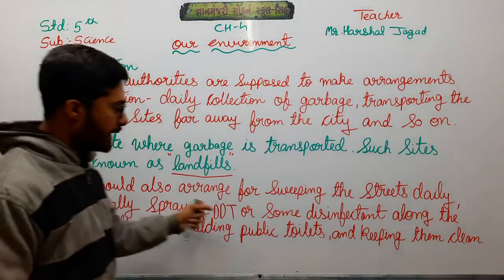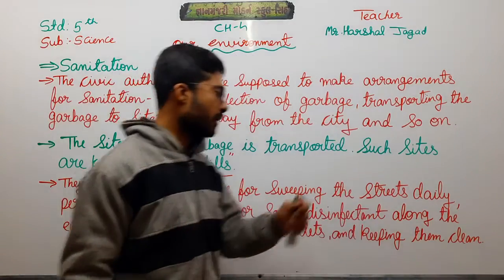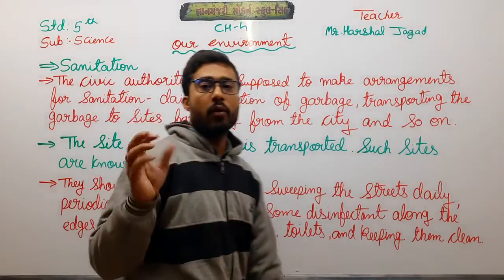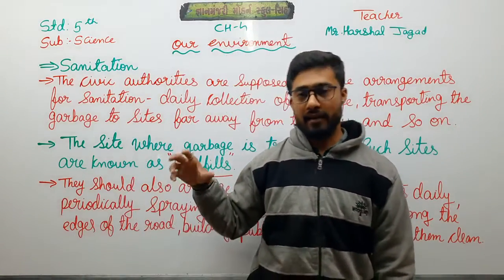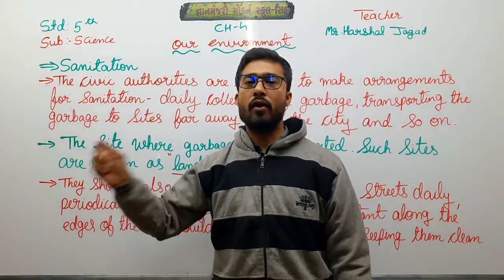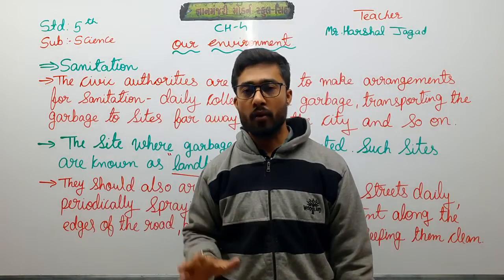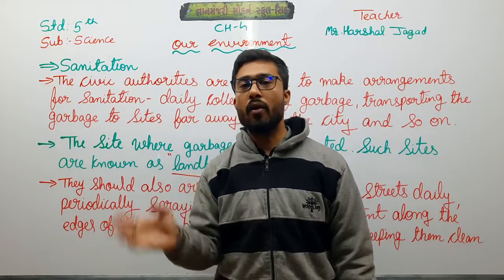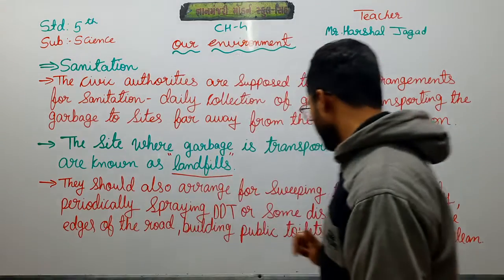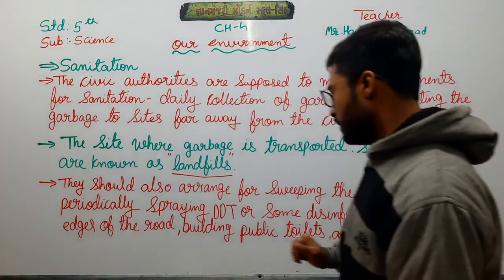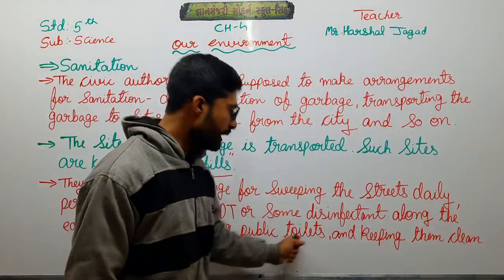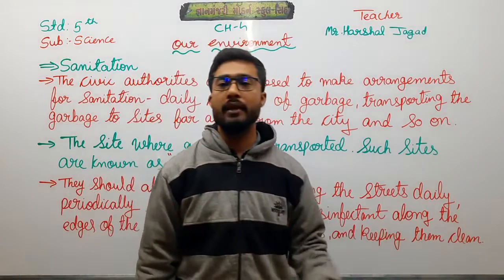periodically spraying DDT or some disinfectant along the edges of the road. Here we have also seen a white colored powder which they put on the edges of the road. So that is DDT or other disinfectant. Okay, then after, they have to build public toilets and keep them clean.